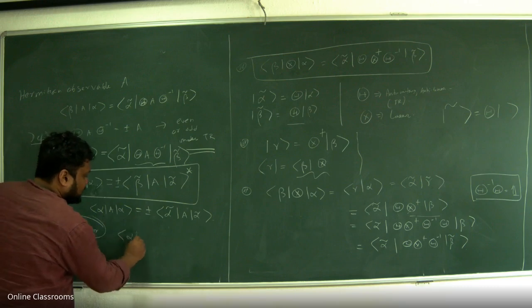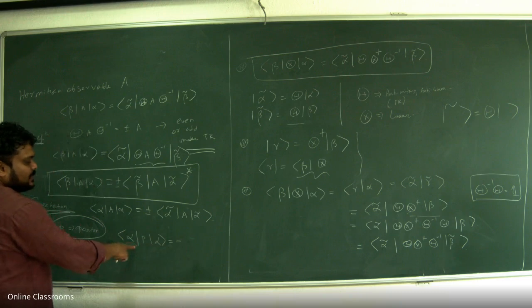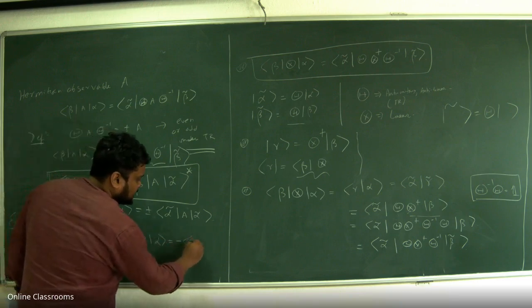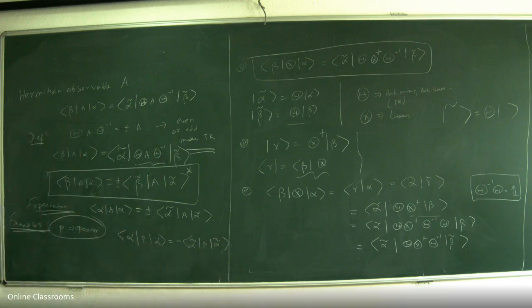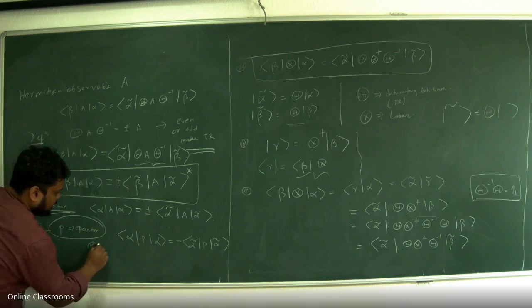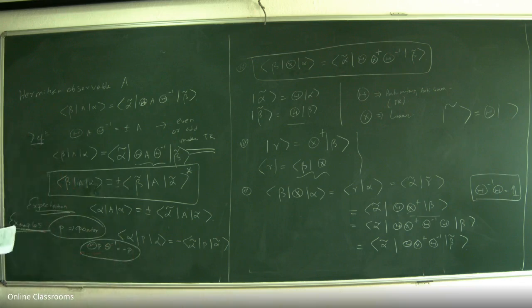If I calculate momentum in some states, then if I calculate momentum in the time reversed states, it should be related by this. Okay. P is odd, which implies that theta P theta inverse is minus P. That means momentum anti-commutes with the theta operator. Now notice this is not a problem.